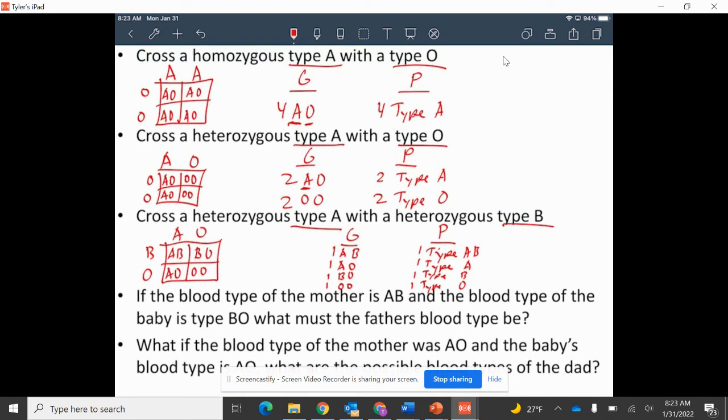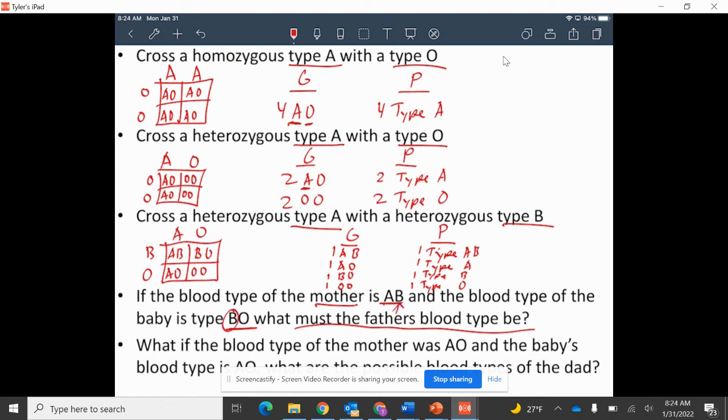Okay. So let's say the blood type of a mom is AB and the blood type of the baby is BO. What must the father's blood type be? Well, if the mom is AB and the baby is BO, we know that mom passed down the B, otherwise that couldn't be there.